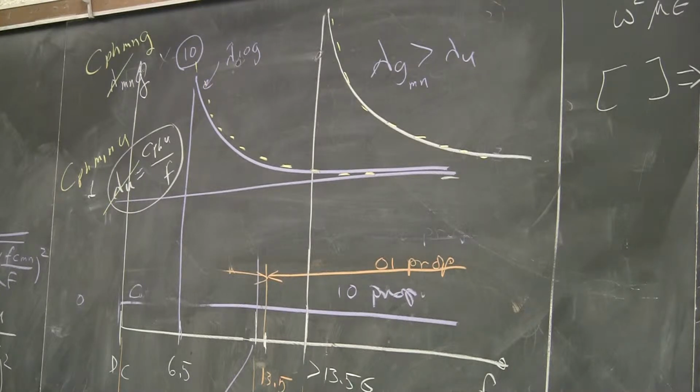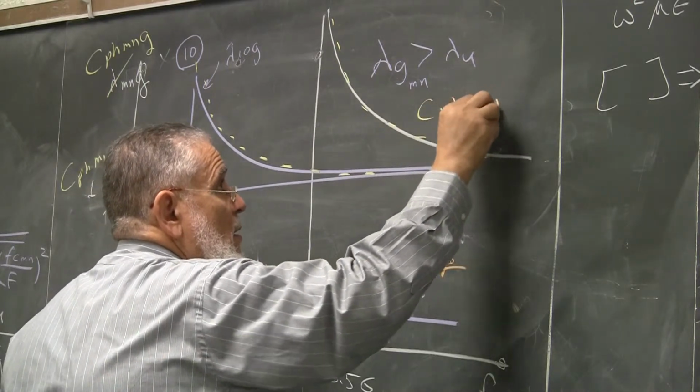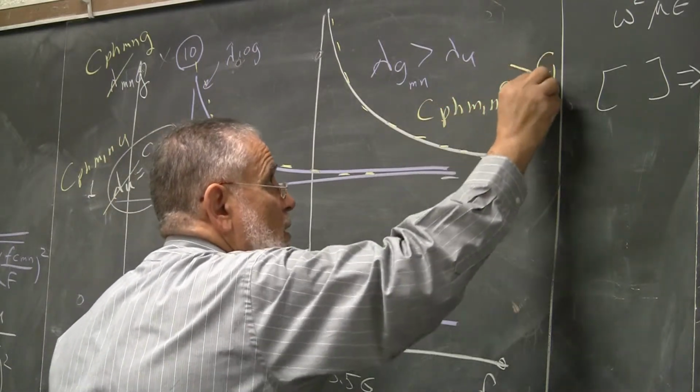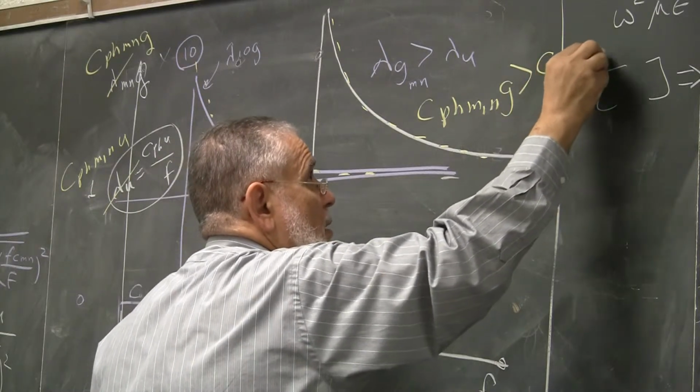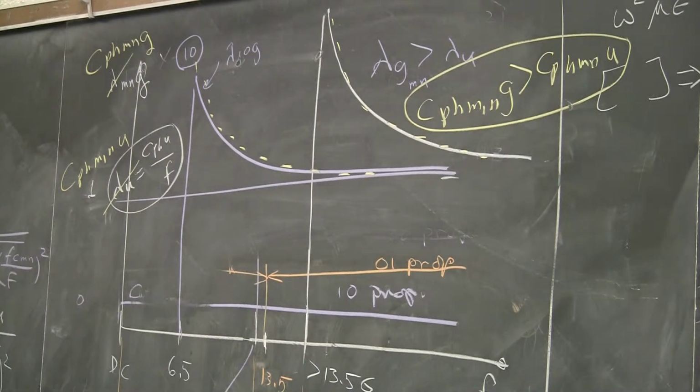So based on that, I conclude that C phase mn guided is greater than C phase mn unguided. So not only is the wavelength longer inside the guide, but also the phase velocity is faster than the phase velocity in an unguided situation.